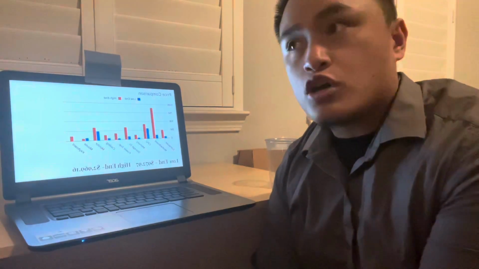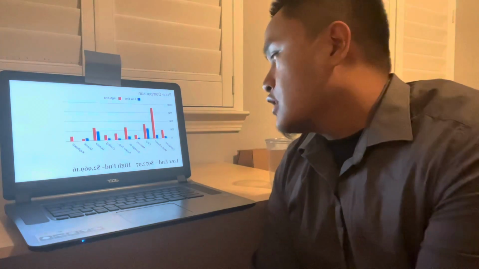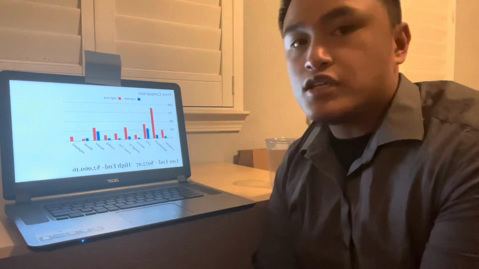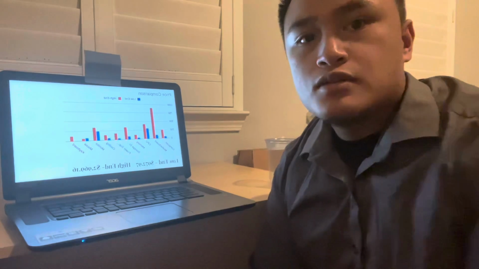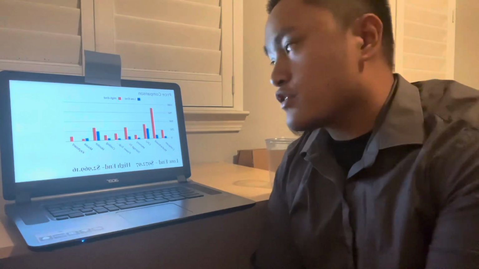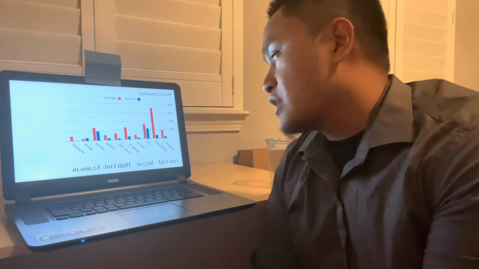And here's my chart for the spreadsheet and the price comparison. You can see how the price differed immensely.